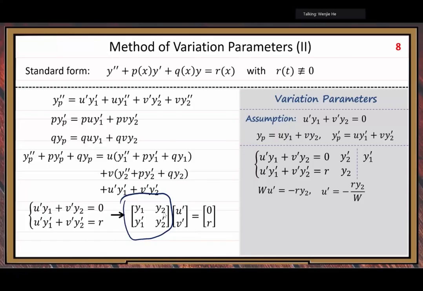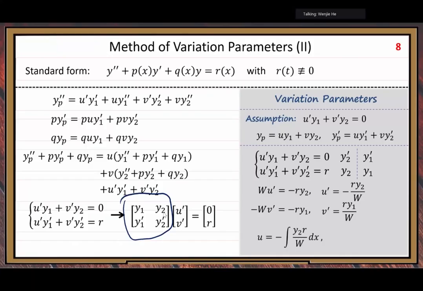Then to calculate v prime, we do a different operation. So y1 prime times the first equation, y1 times the second equation. Then we do subtraction, so v prime we can find out.